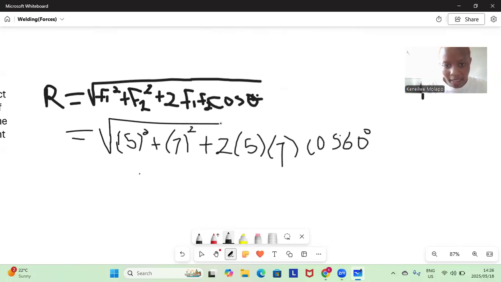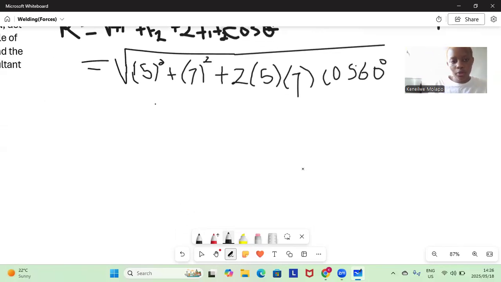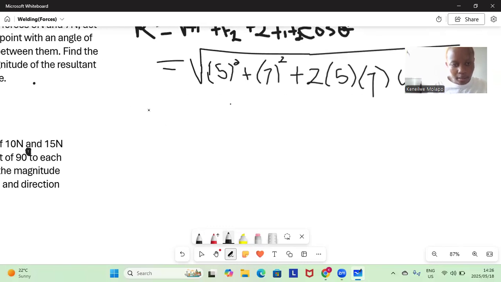So never forget that all of these things are squared, because if you don't show that all of these things are squared, you'll be confused on your calculator. So our R is equal to the square root of 5 squared plus 7 squared plus 2 times 5 times 7 times the cos of 60.